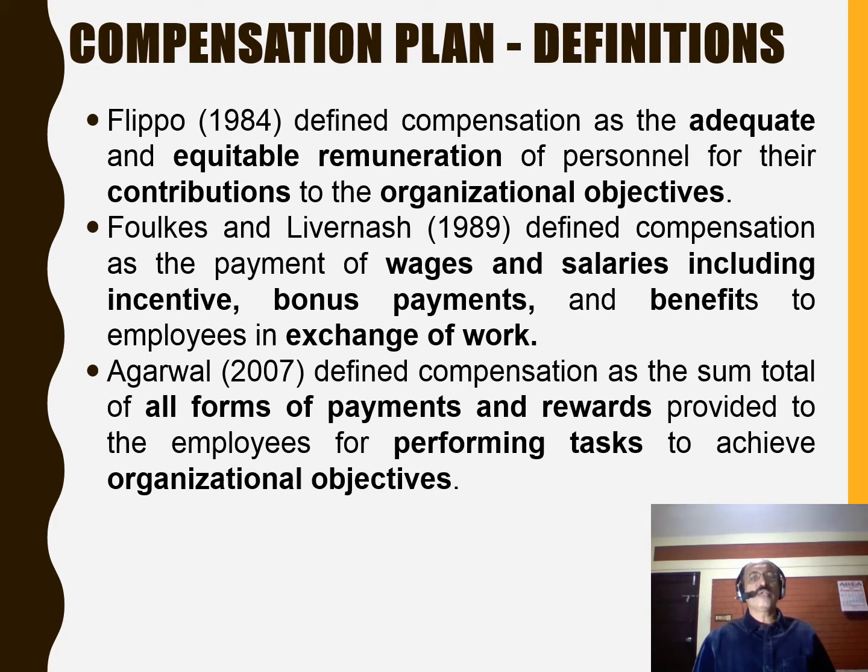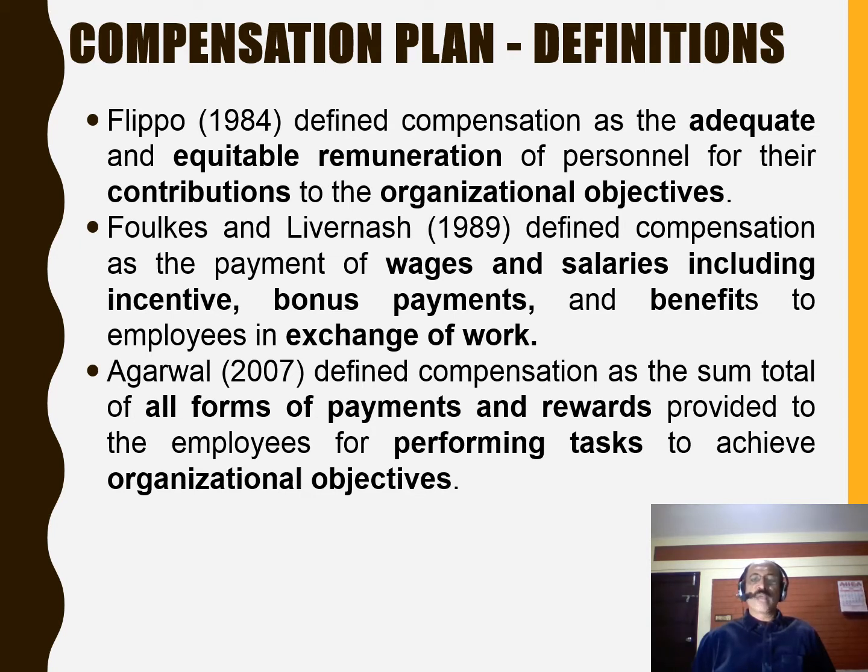So Agarwal in 2007 mentioned that you may be giving different types of compensation. Direct may be there, indirect may be there, financial may be there, non-financial can be there. So there are different types of compensation, remuneration that we will be paying as compensation. Now, all these three definitions are very clear.